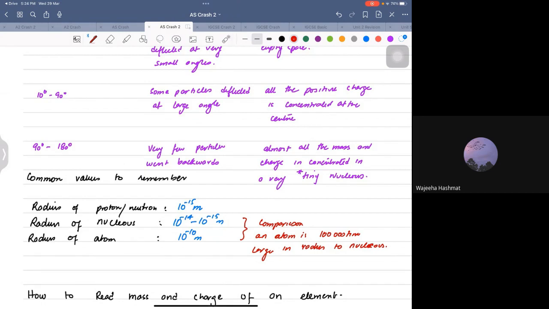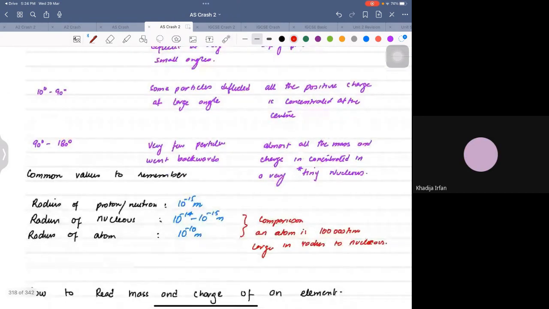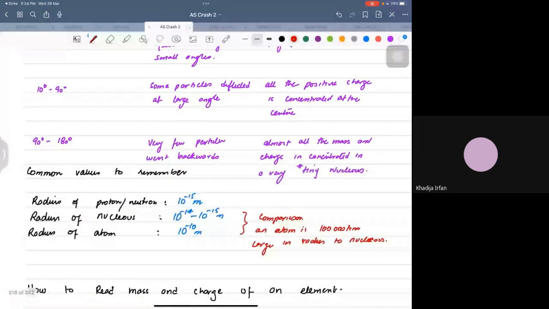If they say find the volume of, let's suppose, an atom, they will not give you the radius, so you have to remember what the radius is. You get my point? And you have to take the atom as a sphere.